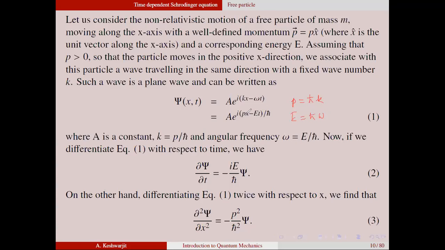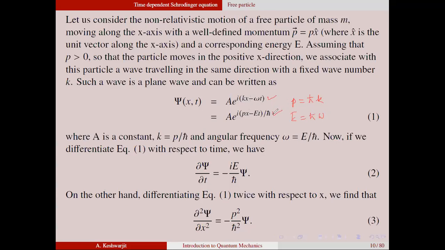So p by h bar can be represented by k, and E divided by h bar can be represented by omega. So this expression and this expression express one and the same thing, because k is nothing but p by h bar and omega is nothing but E by h bar.